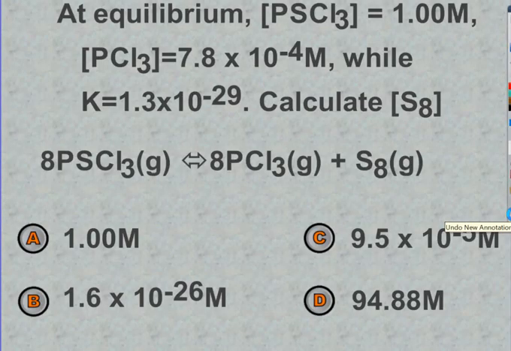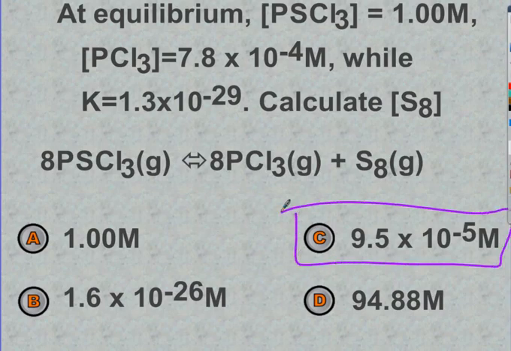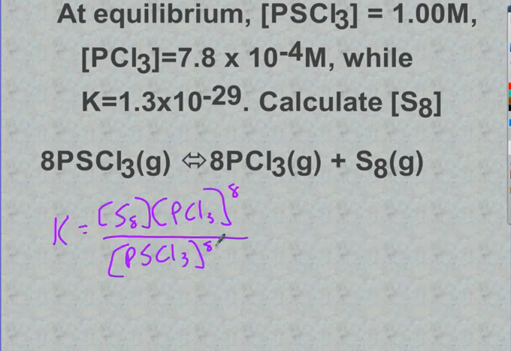Go ahead and plug into your equilibrium expression and solve for the value of S8 algebraically. Restart when you have an answer. If you said C, you are correct. If you didn't say C, then let's see where you messed up. In this problem, they gave you the K value.